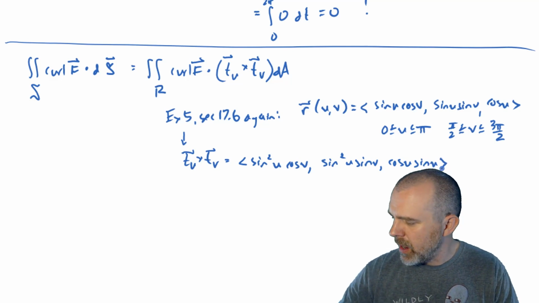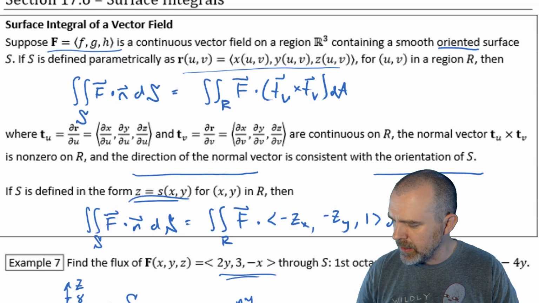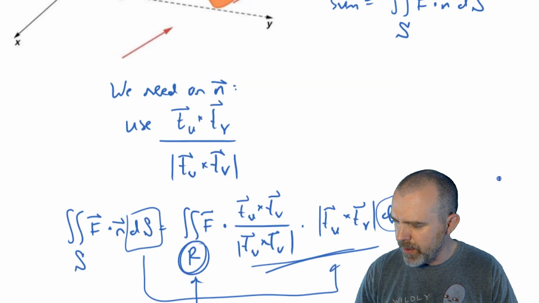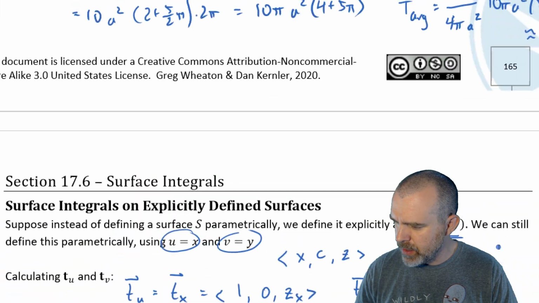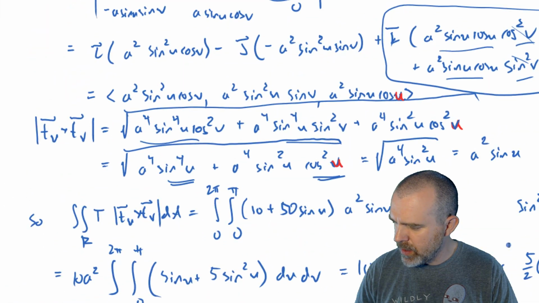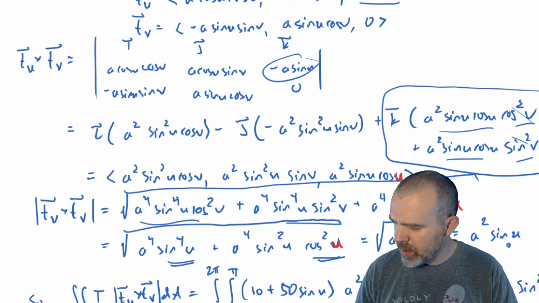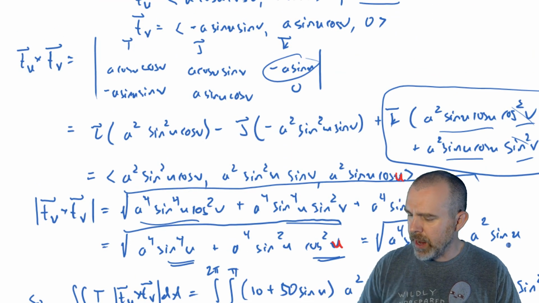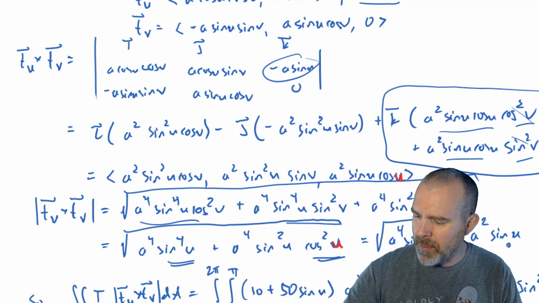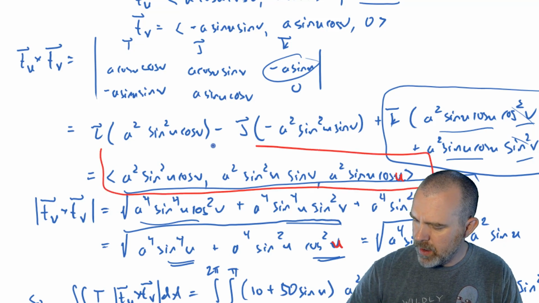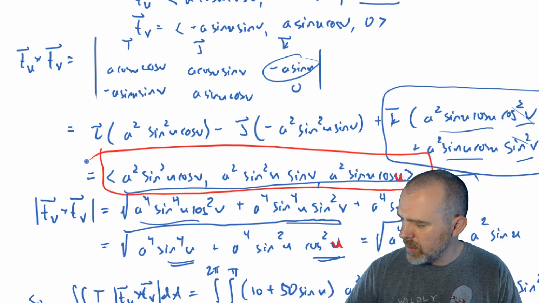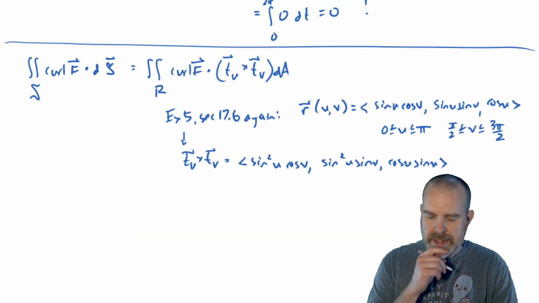That was from our 17.6 example 5. Where did that one go? All right, so we have it right here in the middle of that one. Okay, so back to ours.